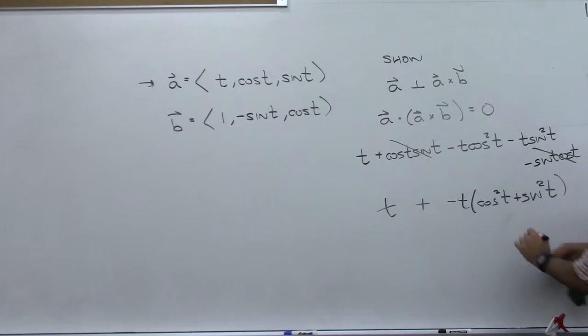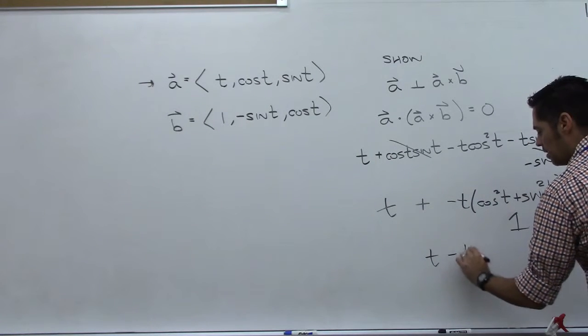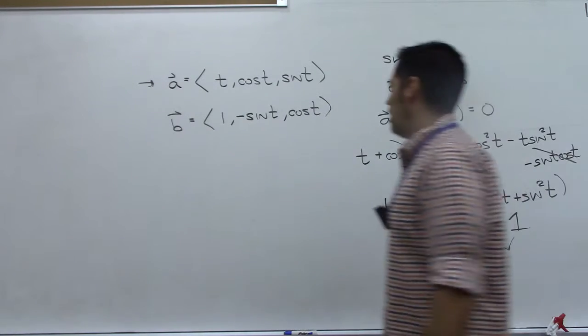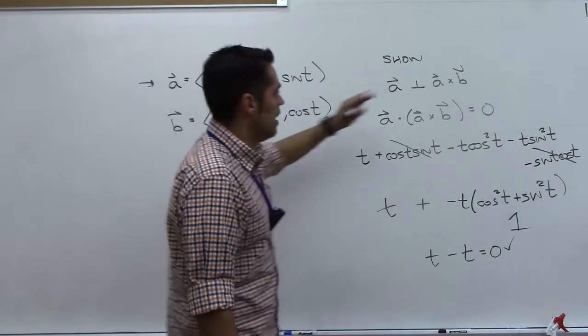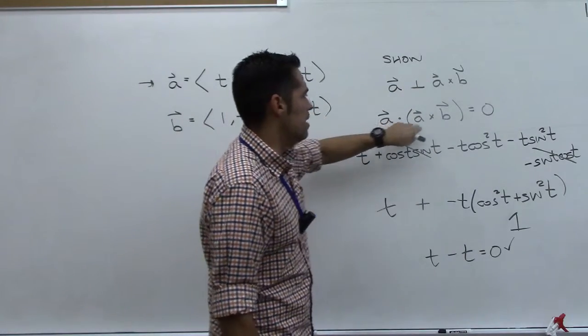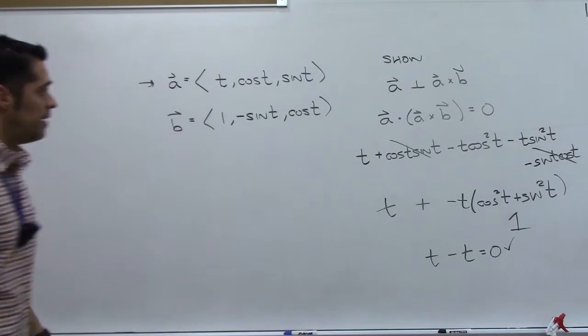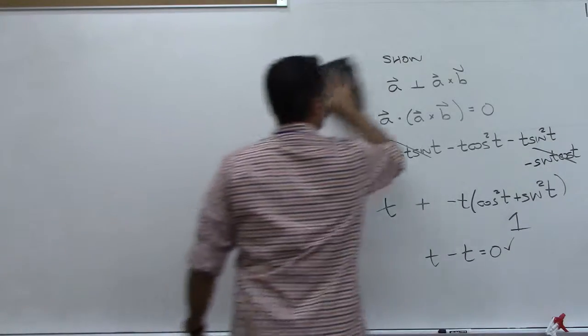Oh, that's 1. So this just becomes T, right? Plus minus T is minus T, which is 0. So it checks. Now, I still have to show that B is orthogonal to A cross B, so I'd have to show that B dotted with A cross B is 0. I'll let you do that on your own, but you get the idea of how it's done. Okay.